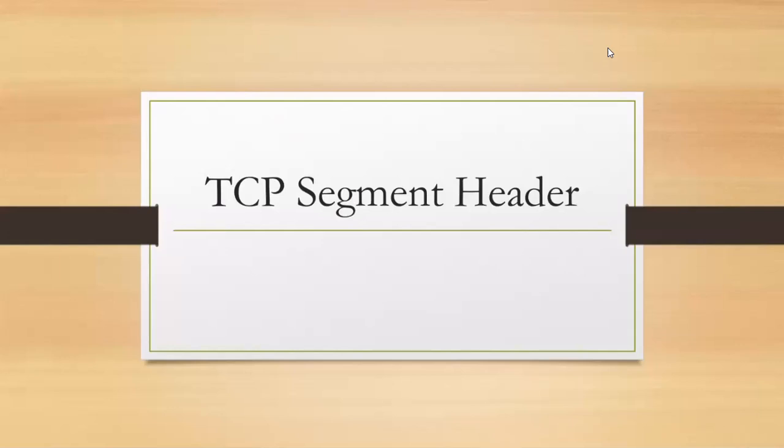This information gives things like where it must reach, how it must be processed, how the connection should be handled, and many other things. So let us see exactly what information is sent in the TCP header.